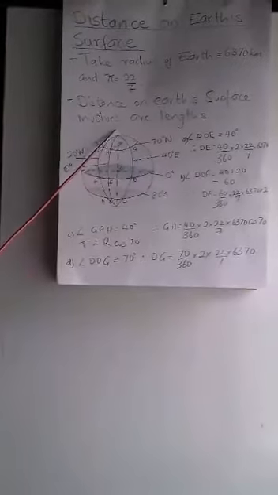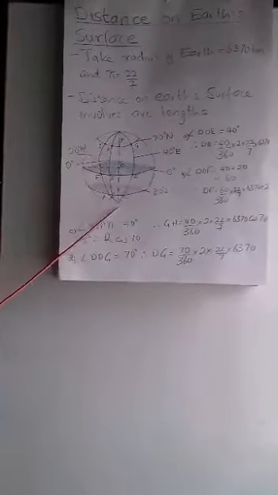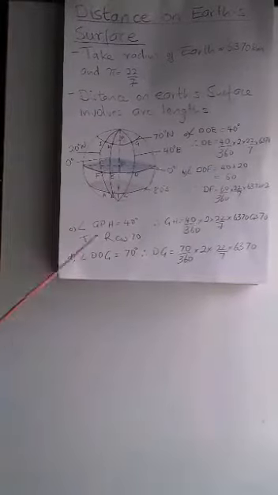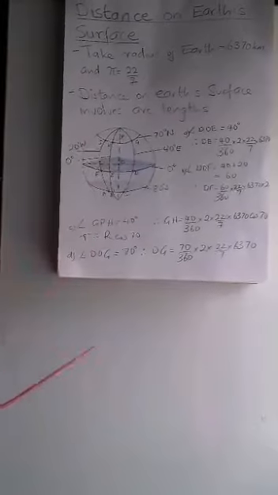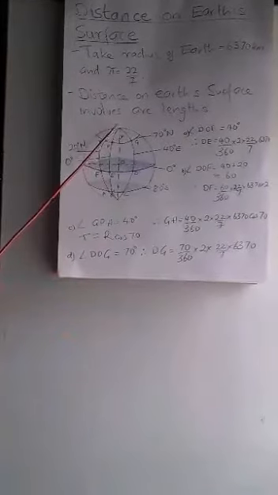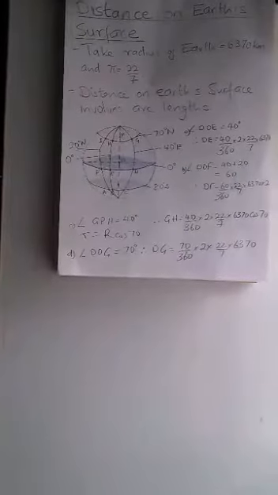Point D also lies on the 40 degrees east longitude. Point E also lies on the prime meridian, 0 degrees. Point F lies on the 20 degrees west longitude.